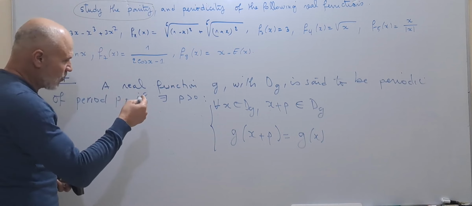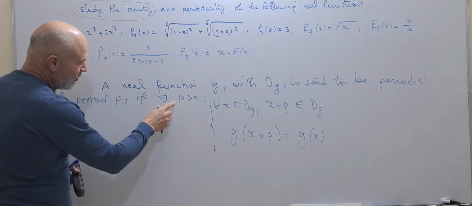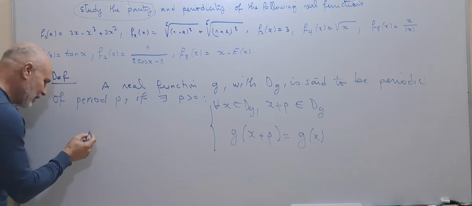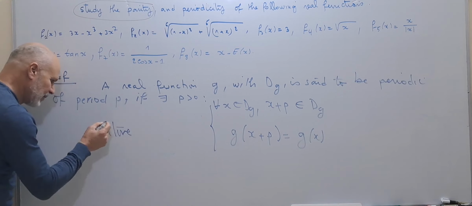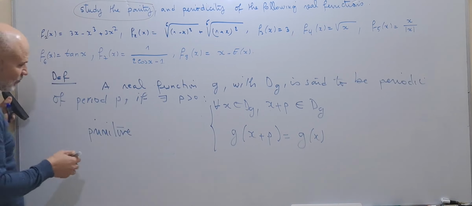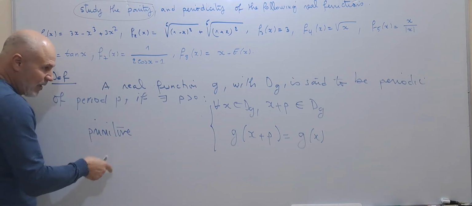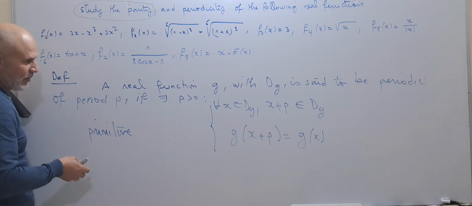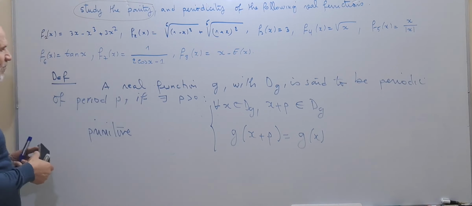The smallest one, the least of all the periods, is called sometimes the primitive period, and sometimes you can find it simply as the period. The smallest one is called the period of the function.